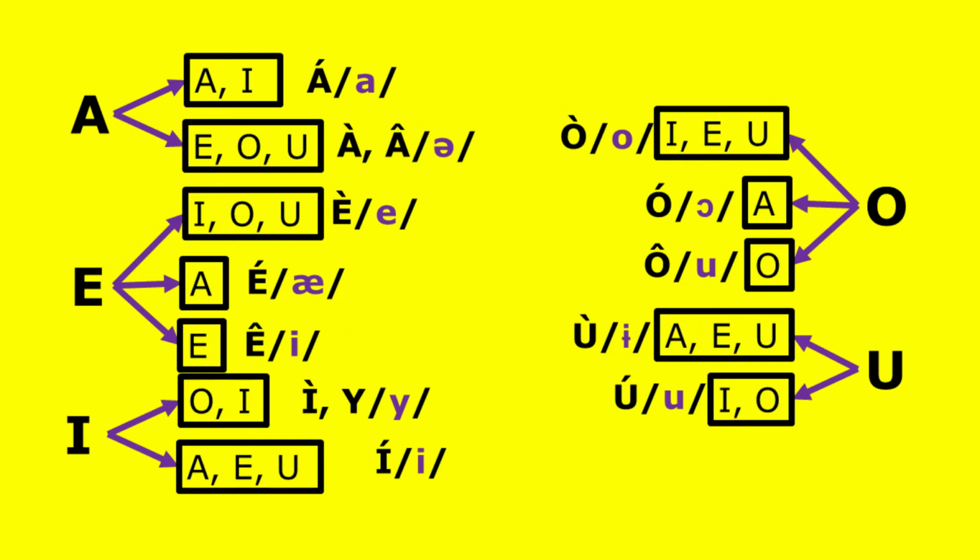If a word ends in I or O, the U is going to sound like the normal "oo" we know.